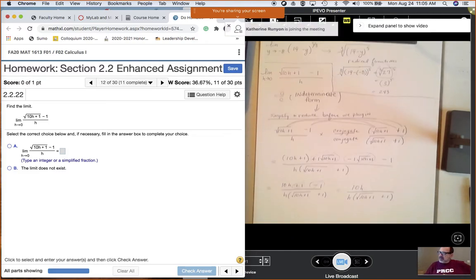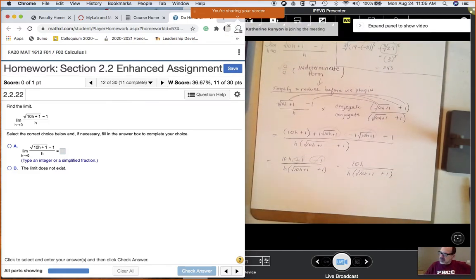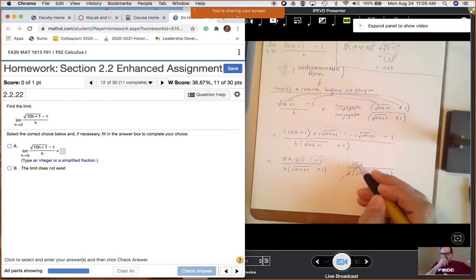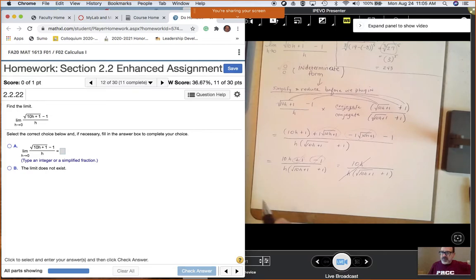Alright, so the next thing is the h in the numerator and the h in the denominator will cancel. H over h makes a 1. So I'm left with 10 times, by the way, I'm still doing the limit of all of this as h goes to 0, 10 over the square root of 10h plus 1 plus 1.